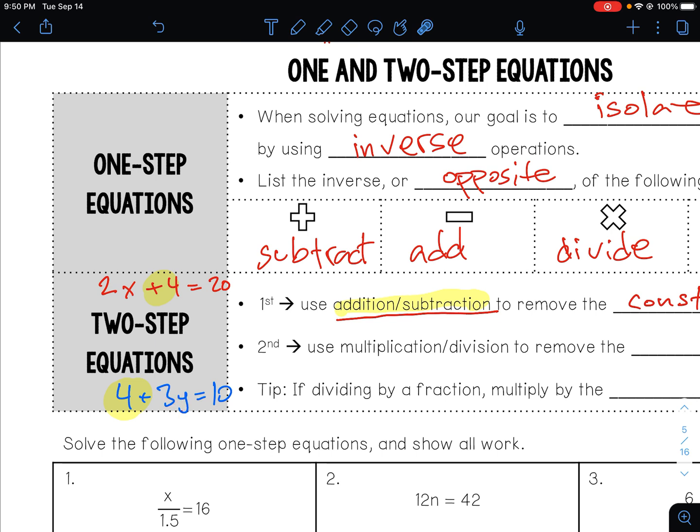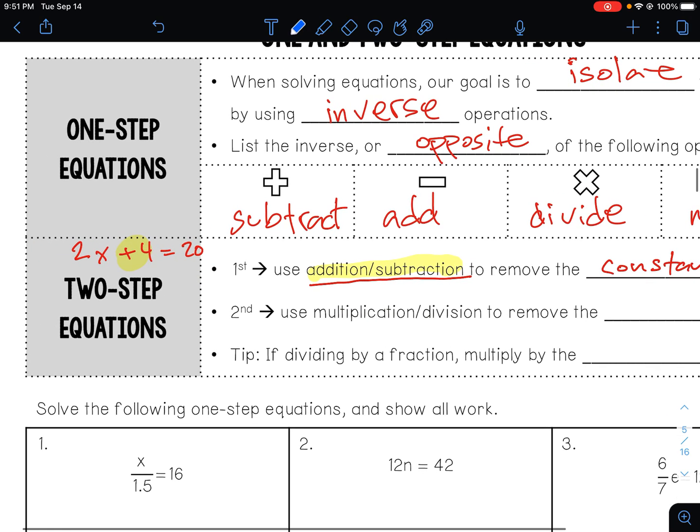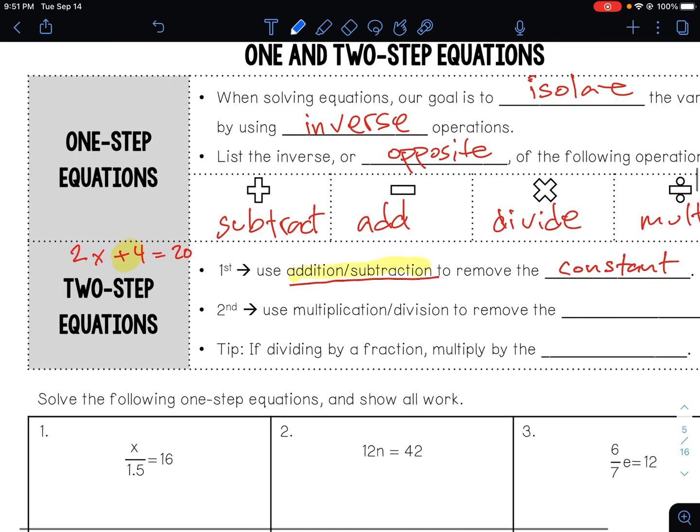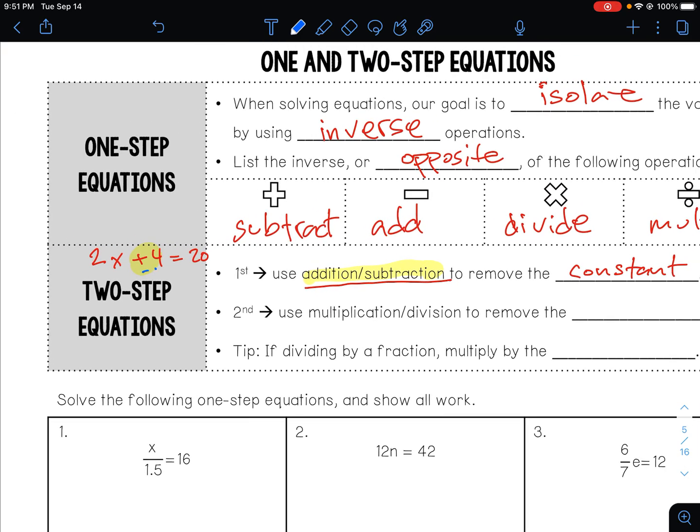The constants are the numbers which are just hanging by themselves, not being multiplied or divided by anything. So you want to use addition or subtraction to remove the constants first. In this case, for example, we would subtract 4, which means we subtract 4 from the other side as well.